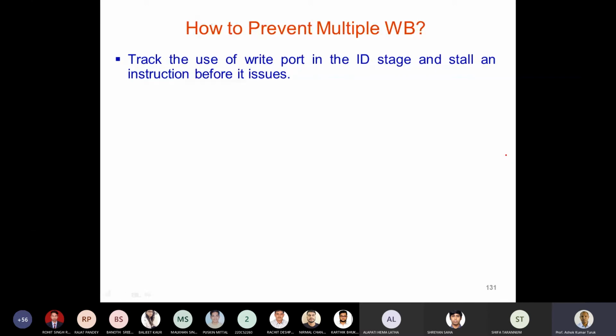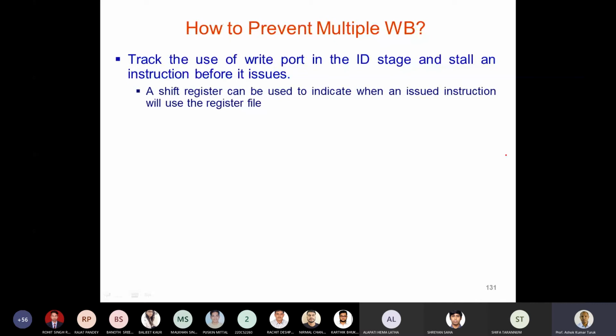Then how do you check whether two instructions are going to write into the register file in the same clock cycle? You can use a shift register. A shift register can be used to indicate when an issued instruction will use the register file.